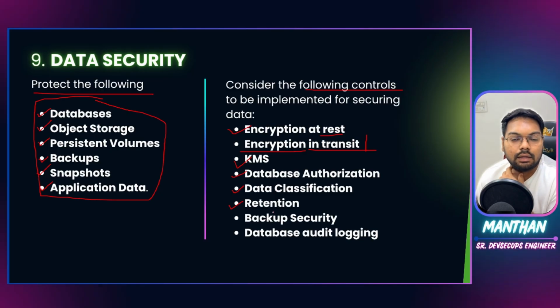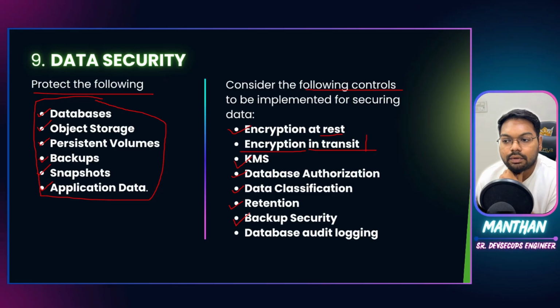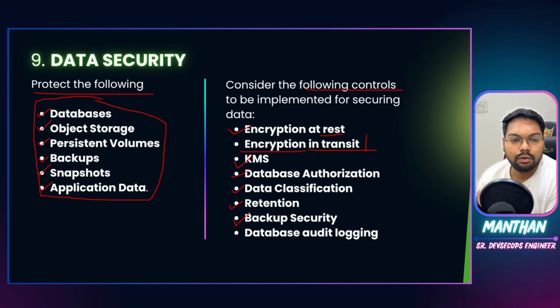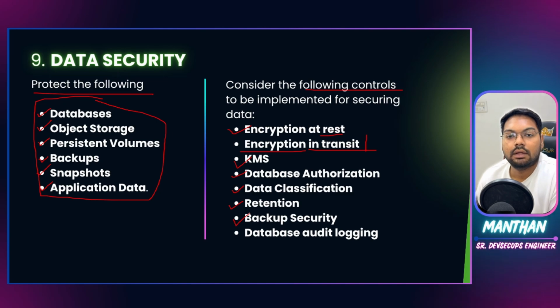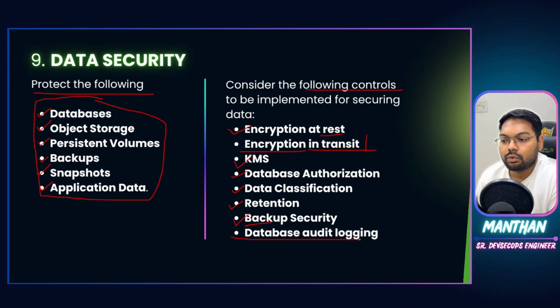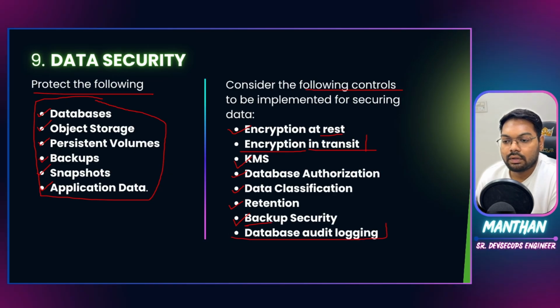Is that data there for a long time or not? Then the backup security, whenever you take a backup of these particular things, whether you dump it in S3 or somewhere else, you need to secure those. Otherwise, someone who has access to S3 can see the backup data and recreate it over there. So database audit logging is also one more important thing that you need to do.